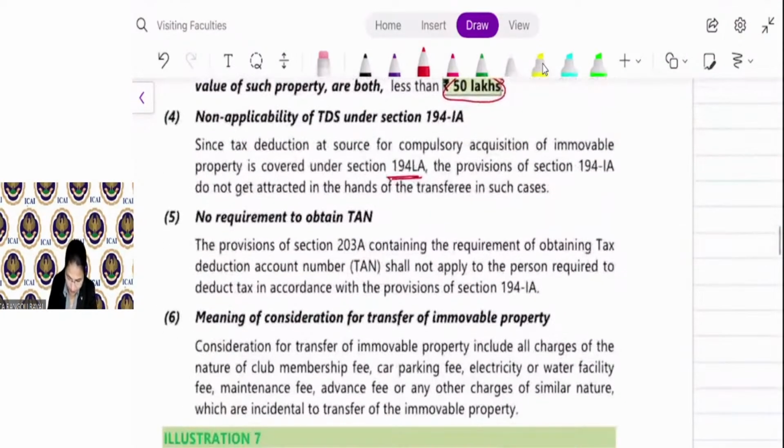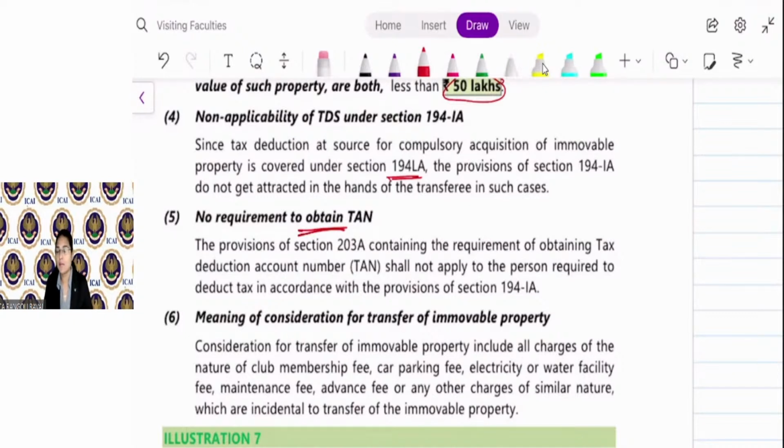No requirement to obtain TAN. Here, my dear friends, TAN means tax deduction account number. Say, for example, for filing your return of income, you need PAN. Same way, you need to file a return of TDS in which you have to mention what amount of TDS is deducted, for what purpose, on what PAN, right?